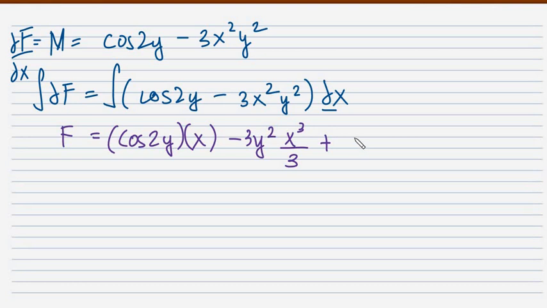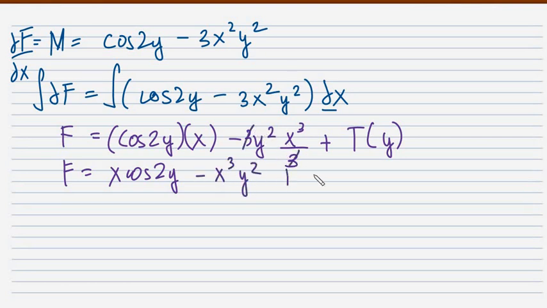And then instead of adding c, because we have held y as constant, this should be a function of y, t of y. So let's simplify. f is x cosine 2y, this one is cancelled, minus x cubed y squared plus t of y.